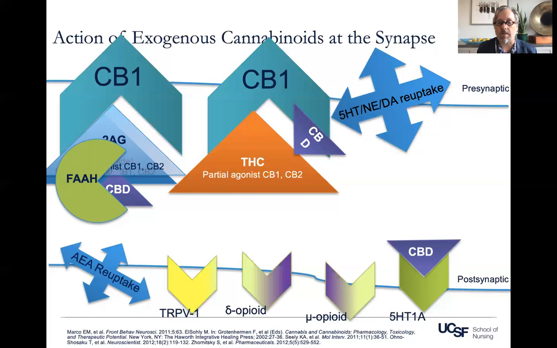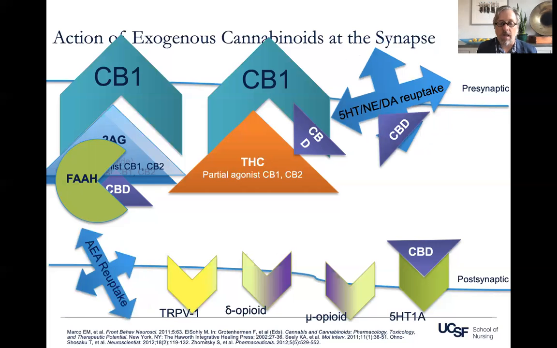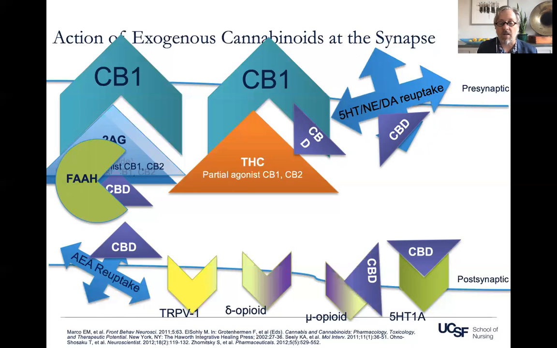It seems to inhibit the reuptake of serotonin, norepinephrine, and dopamine. It actually inhibits the reuptake of anandamide, and it also works a little bit on opioid receptors, both mu and delta, and this thing called the TRPV1 receptor, the vanilloid receptor, which is thought to have an influence over pain responses.